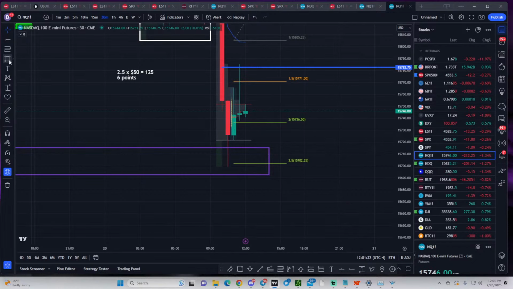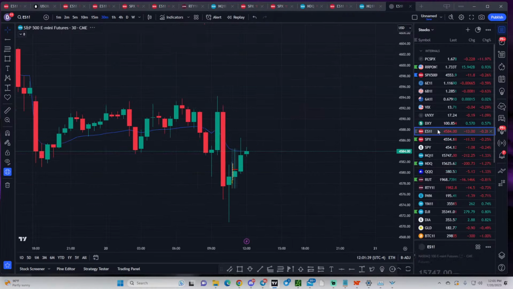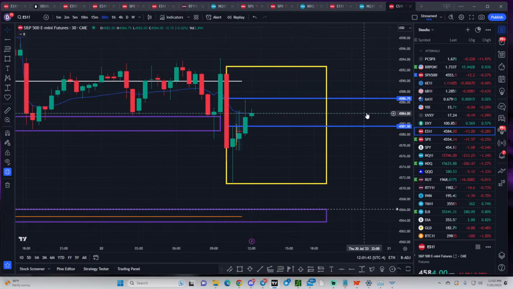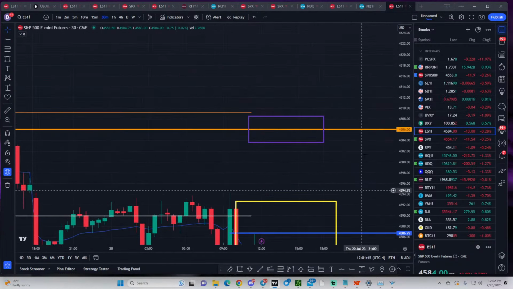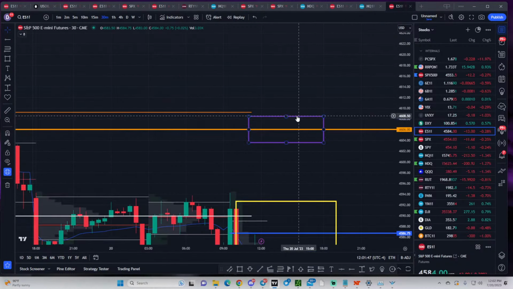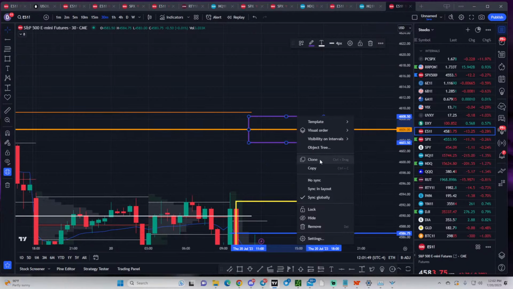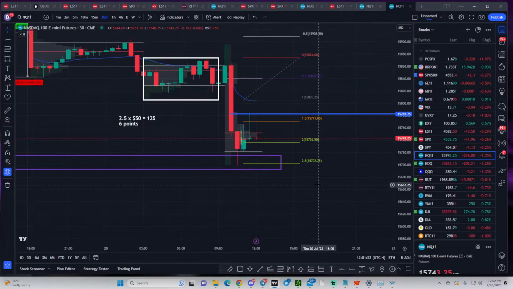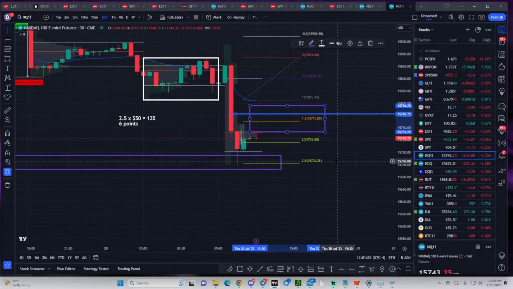If I give you a target in the NQ, let's just say, for example, ES. So if I give you a target on the ES, and I said there was 2.5 points, and I think I have one box here. The easiest way to do it is you copy that box. You go to the NQ, for example, here. Let me paste that box.